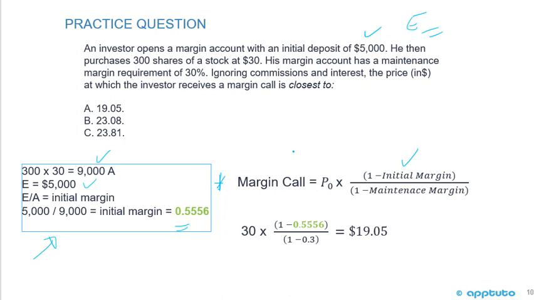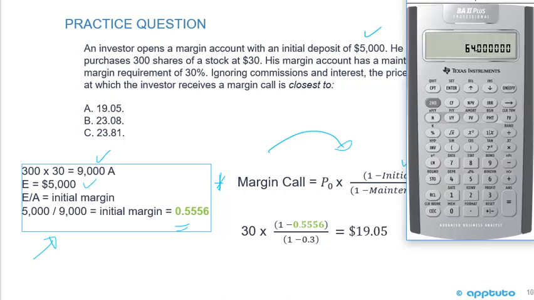And so then we get into doing our calculation for the price at which we'll receive the margin call. It's going to be price times 1 minus the initial margin divided by 1 minus the maintenance margin. Let's just bring up the calculator very quickly. In this case, I can't do it in my head because it's a number that's not rounding so nicely. So I do 1 minus 0.5556.